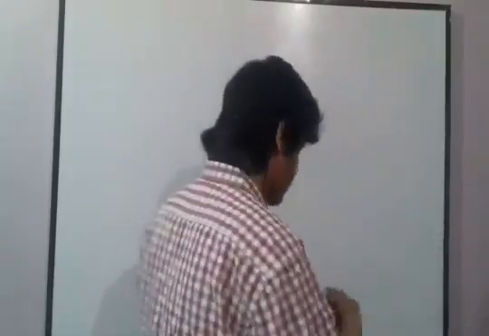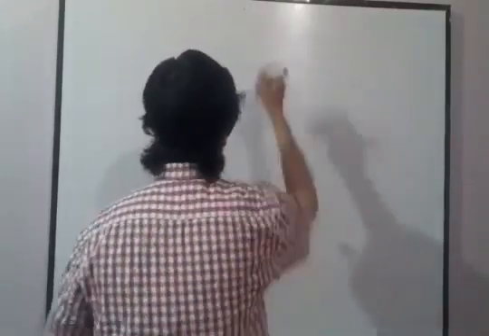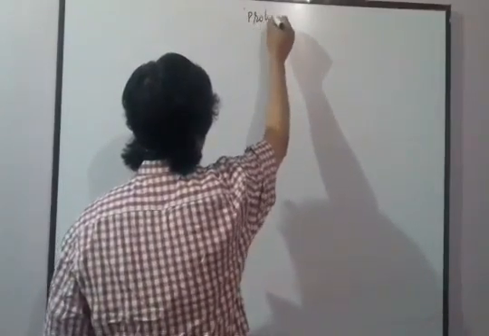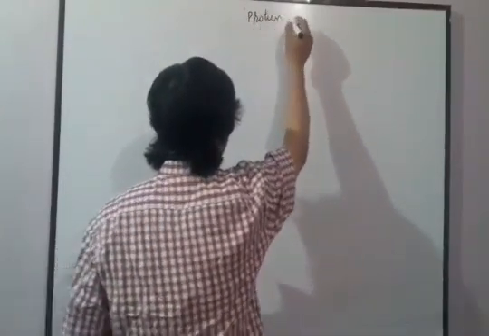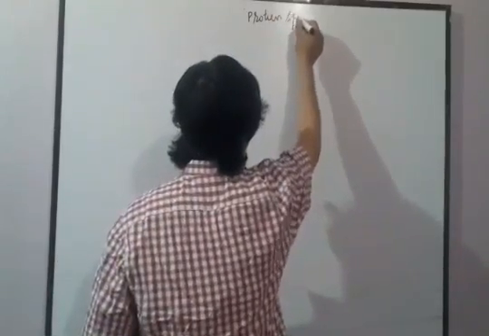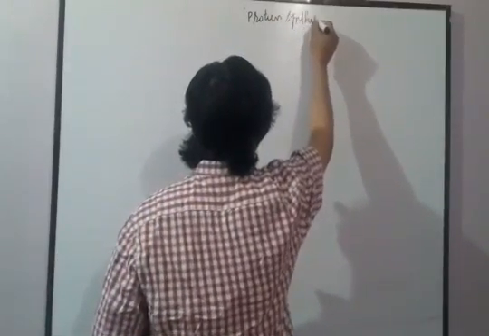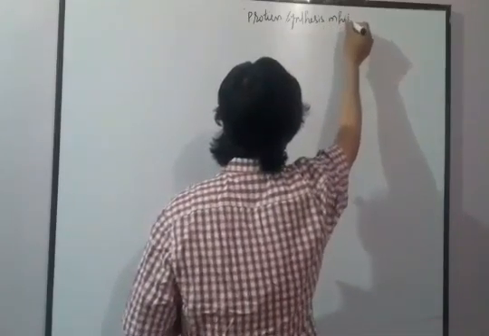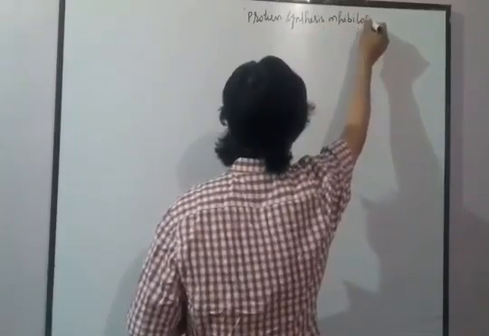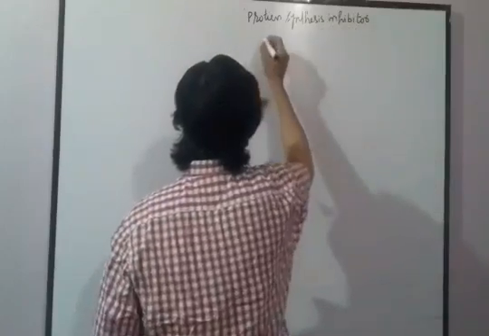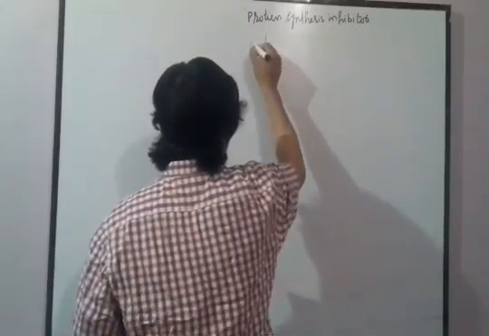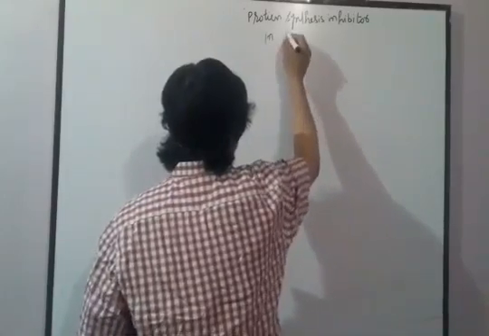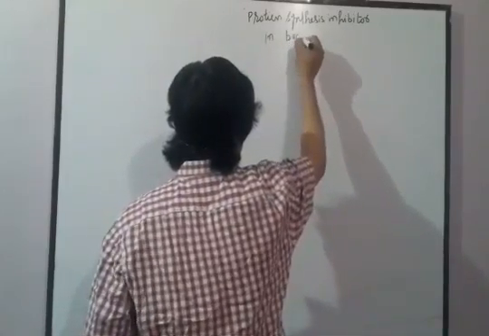So let me write protein synthesis inhibitors. Protein synthesis inhibitors usually act in the prokaryotic cell, or we can say in the bacterial cell.